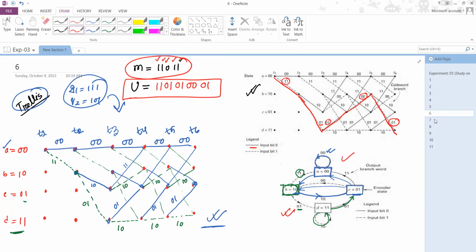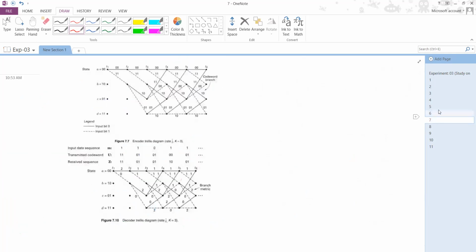And there is another thing. Through this trellis diagram, we can also decode the signal. So how can we decode the input and the output? After sending a signal, due to some noise or any kind of disturbance, the input bit that I have sent can be changed at the output bit.